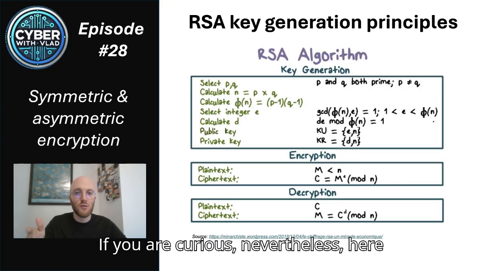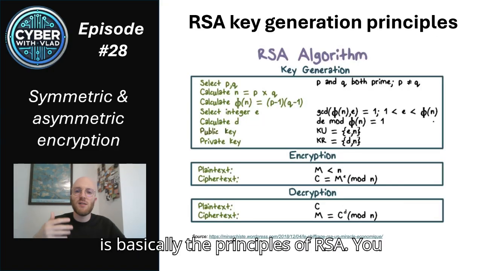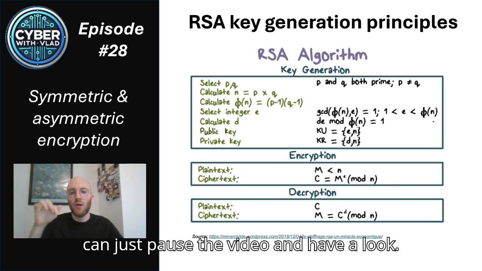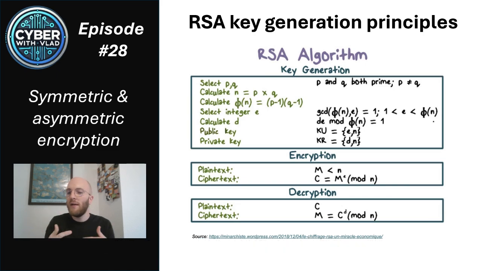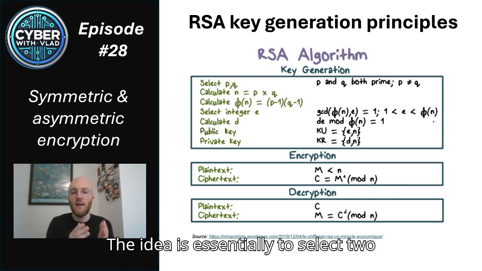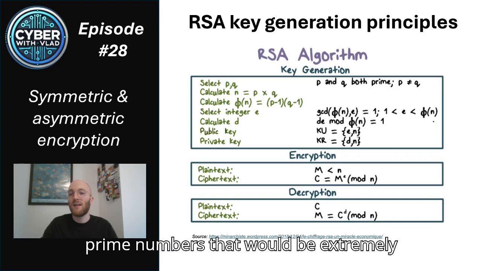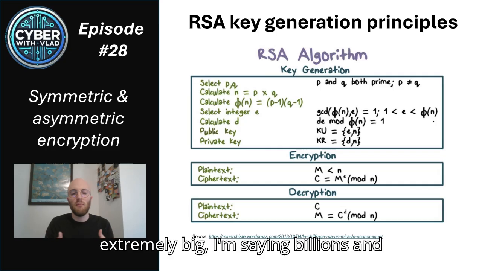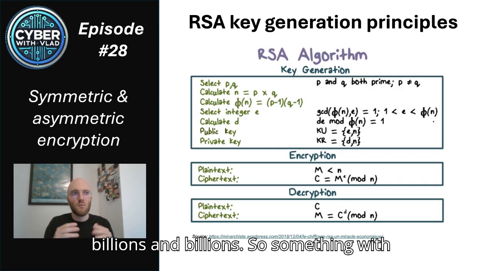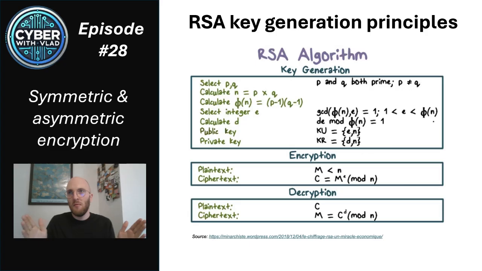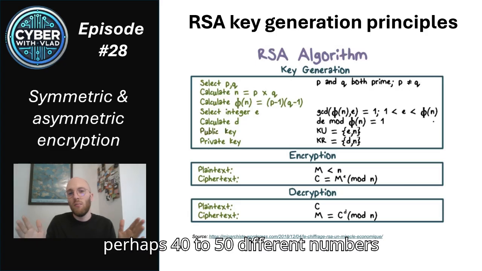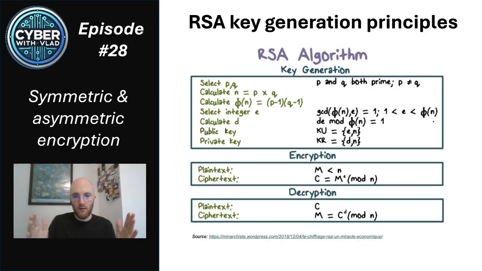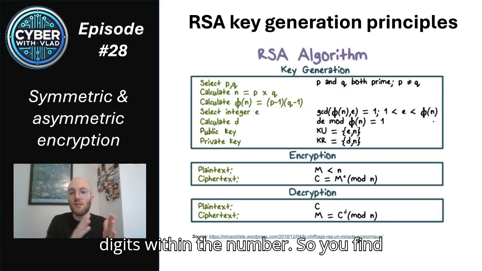If you are curious, nevertheless, here are the principles of RSA. You can just pause the video and have a look. The idea is essentially to select two prime numbers that would be extremely big. When I say extremely big, I'm saying billions and billions and billions, something with perhaps 40 to 50 digits within the number.